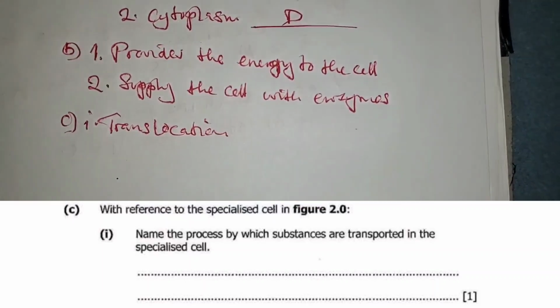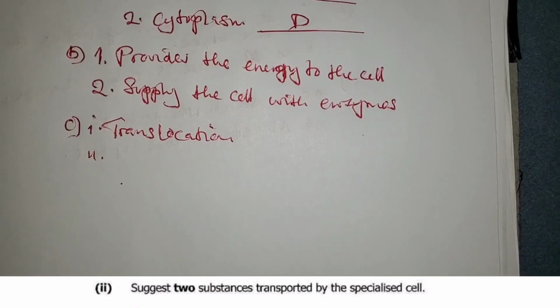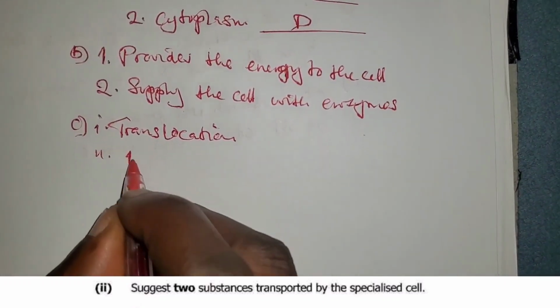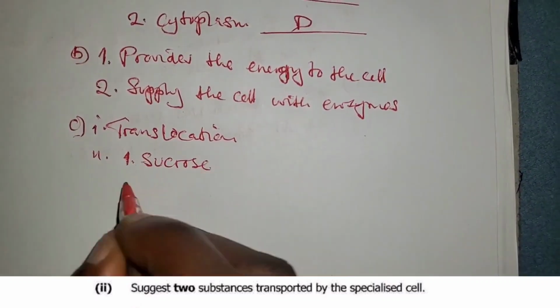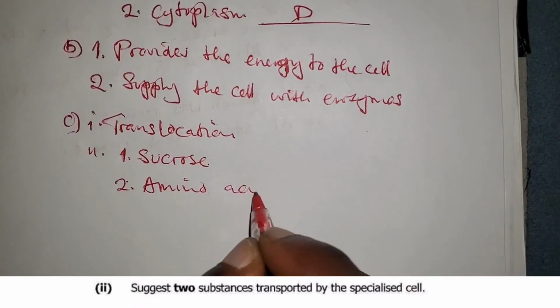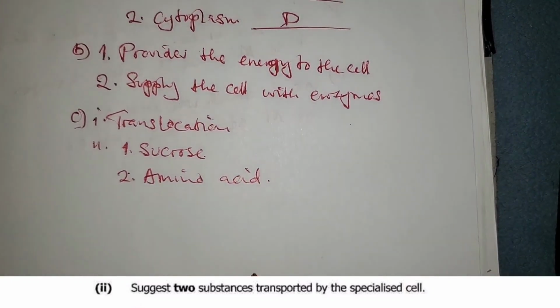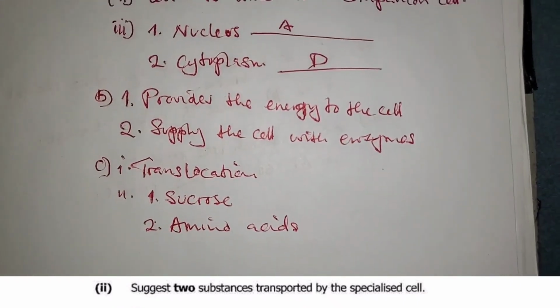Translocation. All right. Then number 2, name 2 substances transported by the specialized cell. 1, there is sucrose. 2, there is amino acids. Okay. Amino acids. Next question. Oh, that's all to this question.